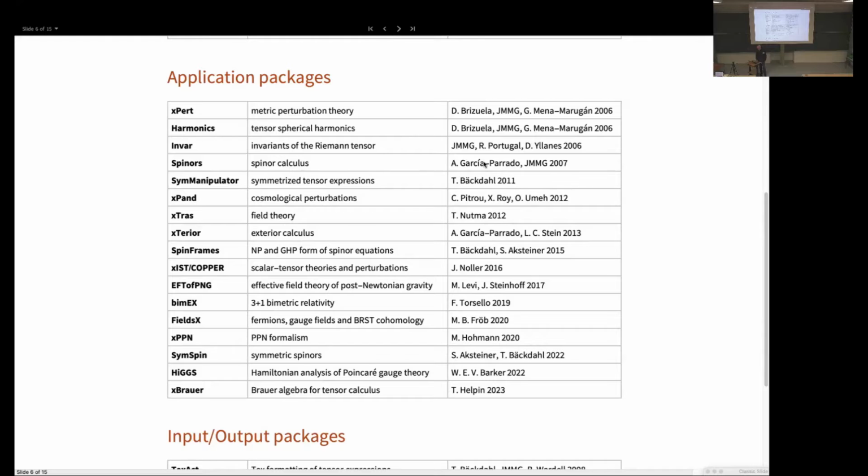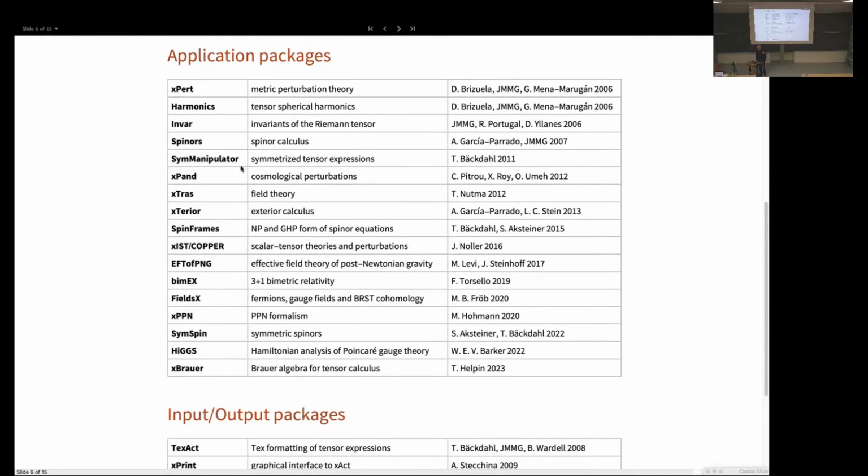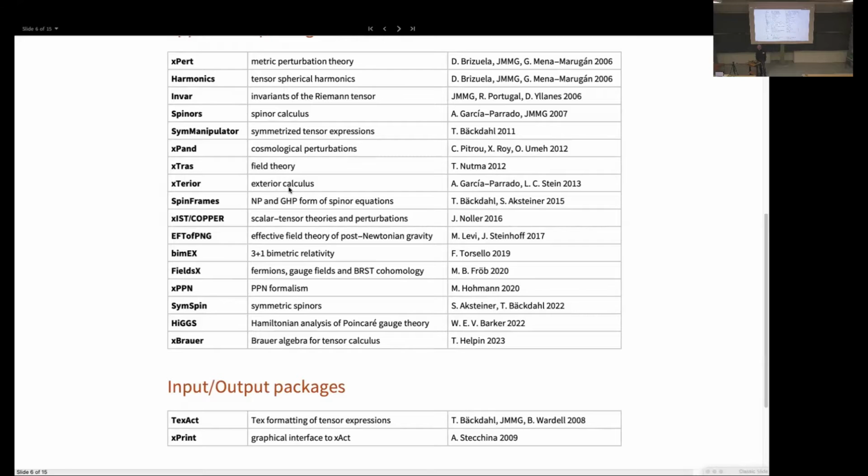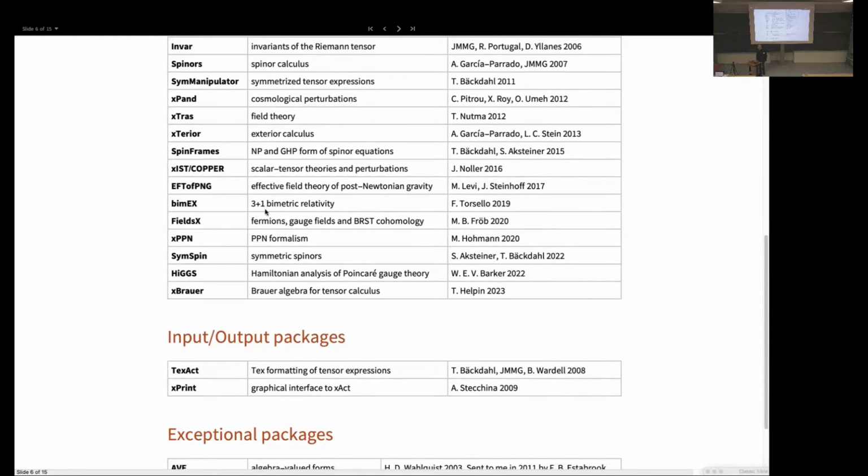Spinor calculus, this is something that Alfonso developed. Another package by Thomas on how to handle symmetrized expressions. A package for cosmological perturbations, another one for field theory, exterior calculus, the Newman-Penrose and GHP form of spinor equations, and other things here.